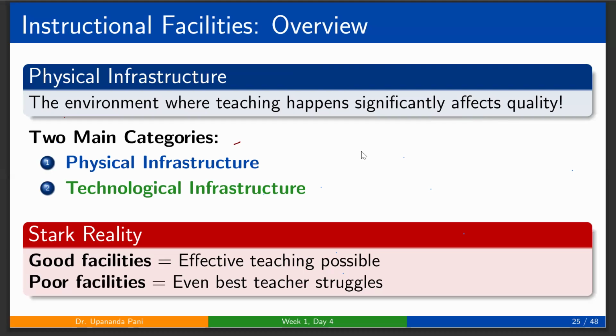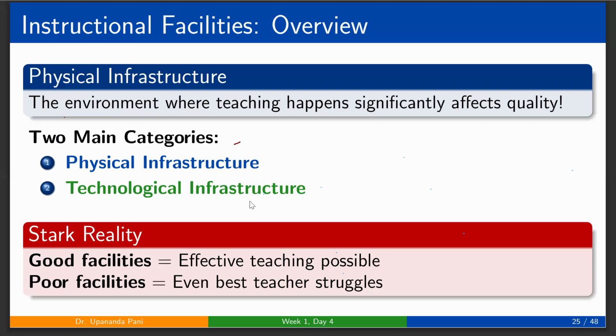You will see that global institutions or institutions of national importance have excellent infrastructure. What are the two categories? First is physical infrastructure, second is technological infrastructure.